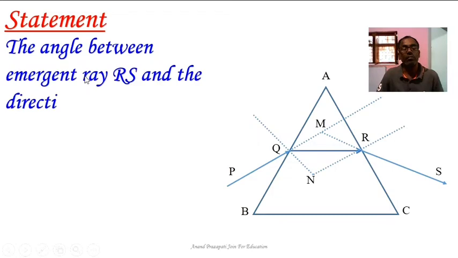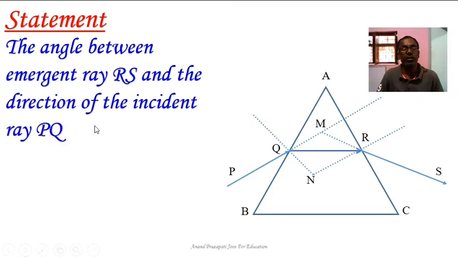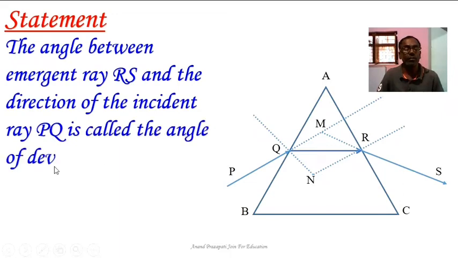The angle between the emergent ray RS and the direction of the incident ray PQ is called the angle of deviation, which is generally denoted by the small Greek letter delta.